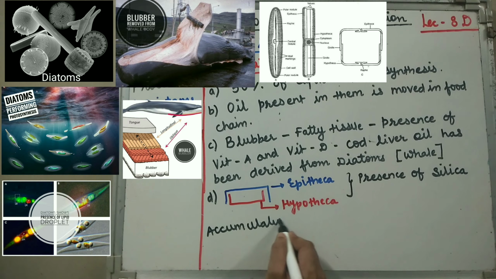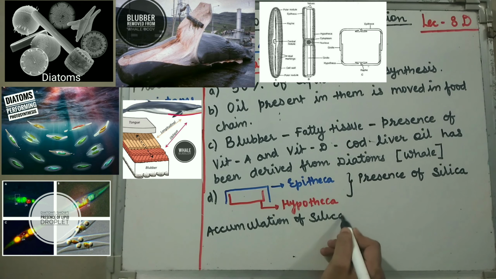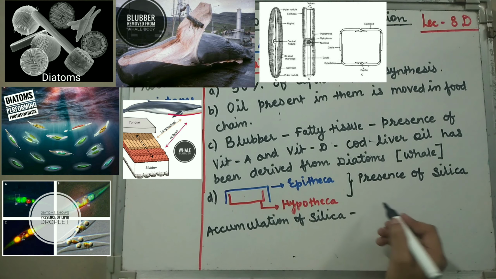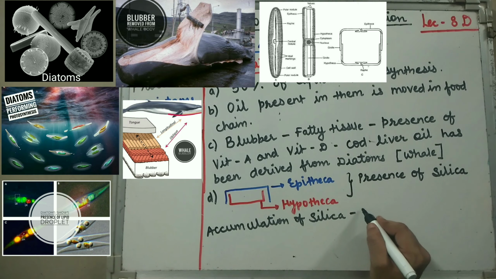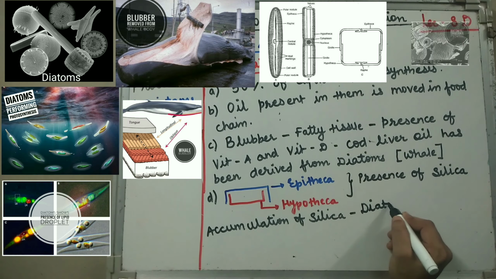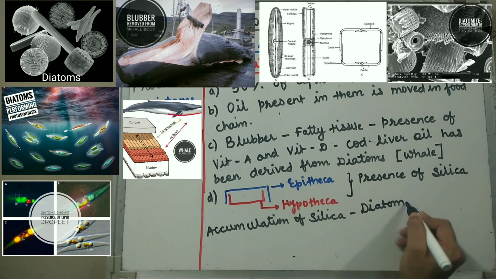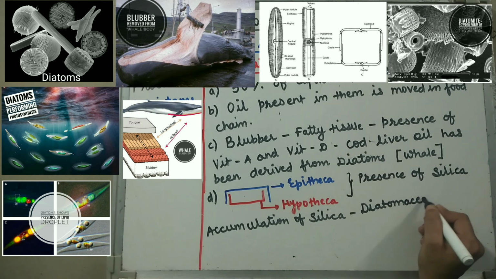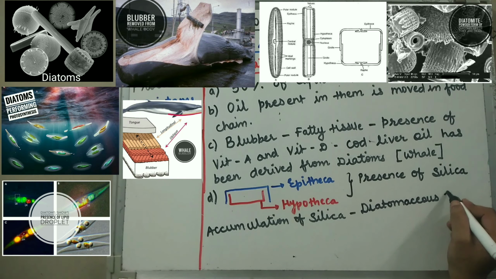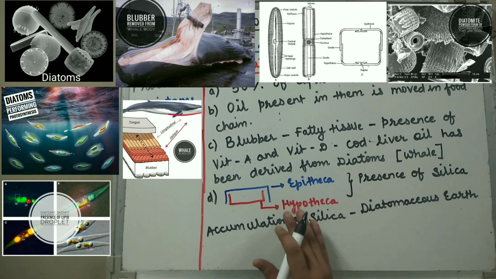That particular accumulation of silica is called by many names. The first is diatomaceous earth. So there is a continuous deposition of silica after the diatoms degrade.